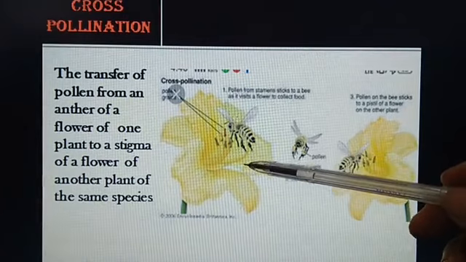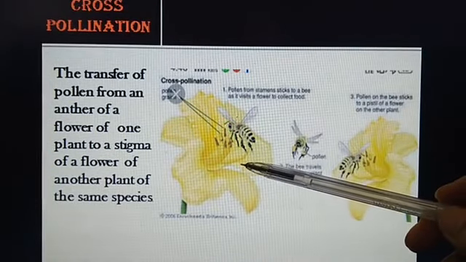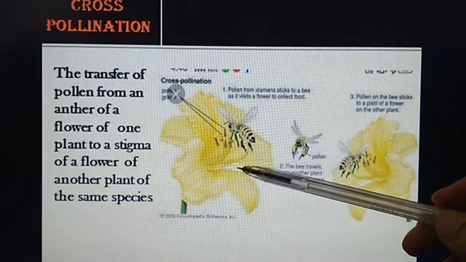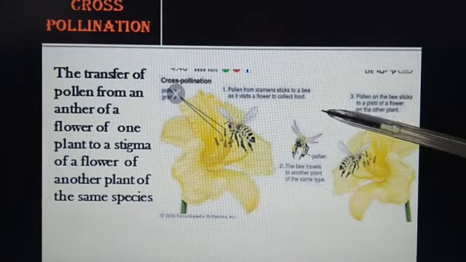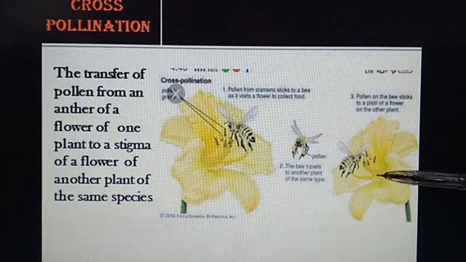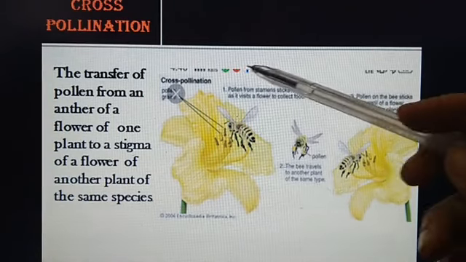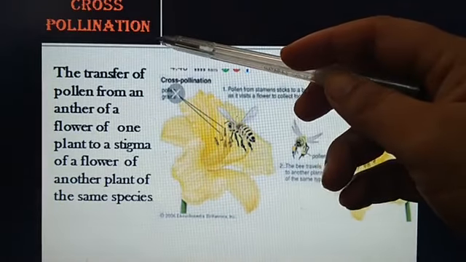Cross-pollination. In this type of pollination, pollen grains from the anther of one flower are transferred to the stigma of another flower present on a different plant of the same kind. The process is called cross-pollination.